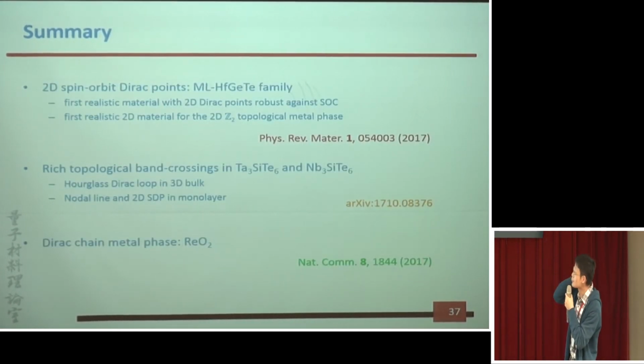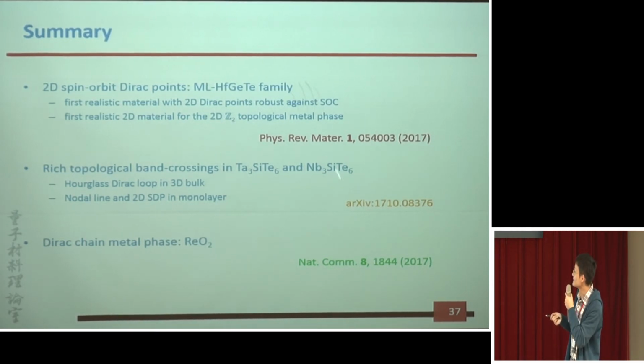Okay, so this is a summary of my talk. I talked about three objects. One is the 2D spin-orbit Dirac points. We identified the first material with 2D spin-orbit Dirac points close to the Fermi level. And simultaneously, it happens that this material is also the first example of a 2D Z2 topological metal.